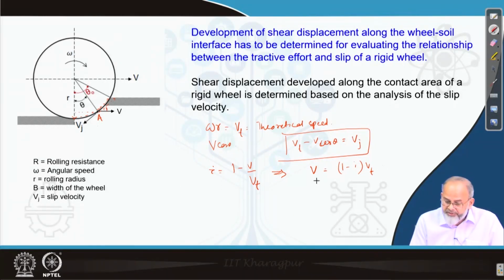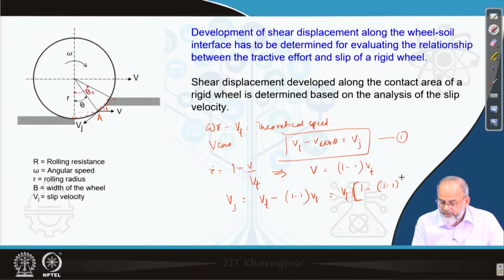Now, if I substitute for v in equation number 1, then Vj will be equal to Vt minus (1 minus i) into Vt. If I take Vt common, then it becomes 1 minus (1 minus i), and this is Vt cos theta.